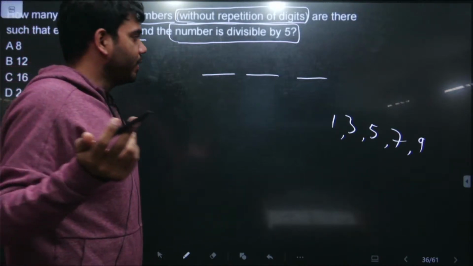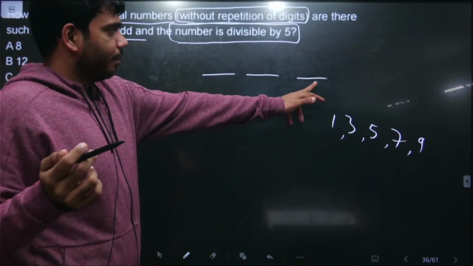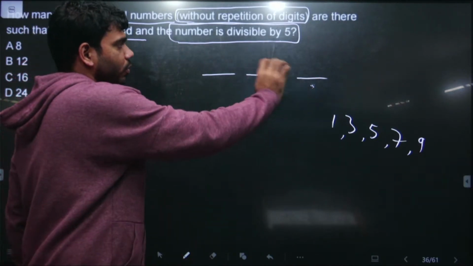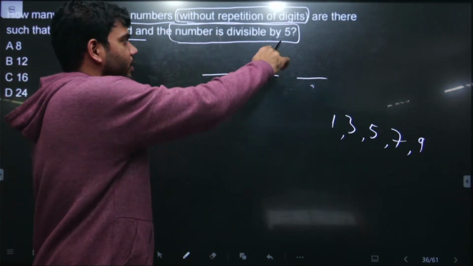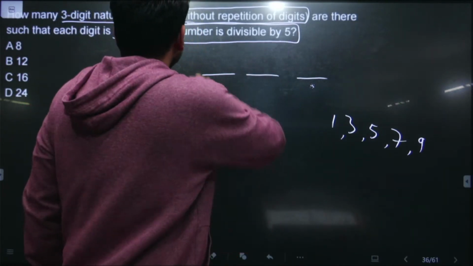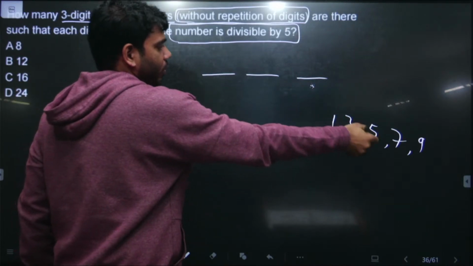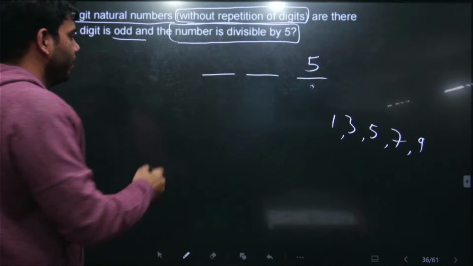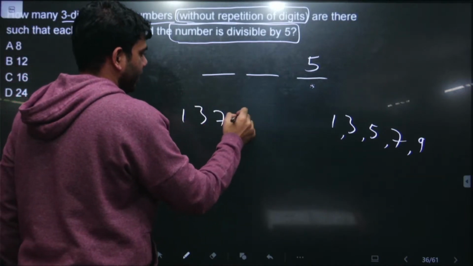The divisibility rule of 5 says the last digit, the unit digit, the rightmost digit should be either 5 or 0. Simple. Since all the digits should be odd, 0 cannot be there. So the last digit is 5. Now we are left with 4 possible digits, 1, 3, 7 and 9.